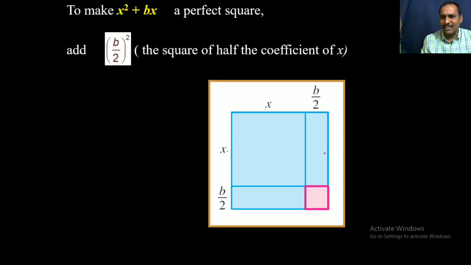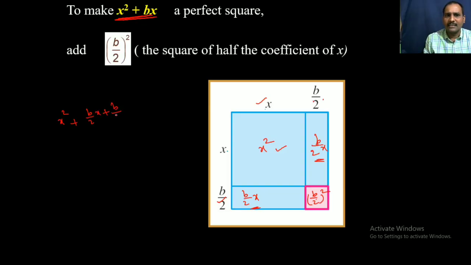Okay, here in this part, x into x, x square is there, b by 2 into x, this is b by 2x, and this is also b by 2 into x, b by 2x, and this part should be b by 2 into b by 2, b by 2 whole square. So now if you observe this, x square plus bx, that is x square plus b by 2x plus b by 2x, that is bx.